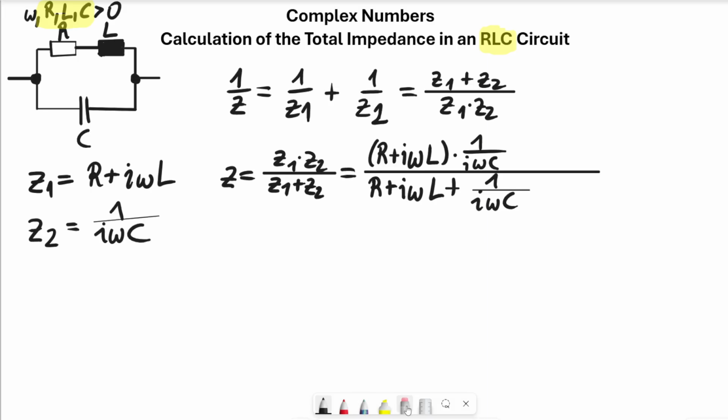So what is the first step? How to compute this efficiently? The first step is that you multiply it with I omega C to get rid of these double fractions. No one likes to deal with double fractions.